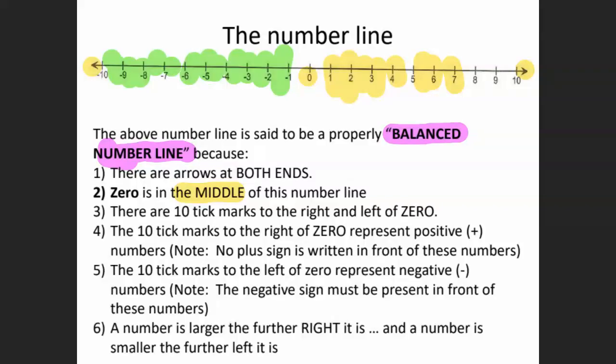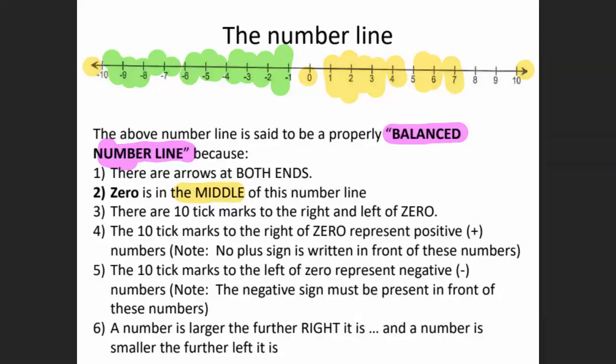Now, when you do some of your Pearson homework, they may not always have a balanced number line. But in the project you may do for me, you are going to have to provide a balanced number line. And be aware that you have to have the same numbers to the right as to the left of 0.